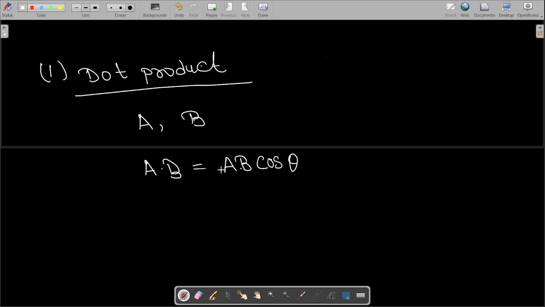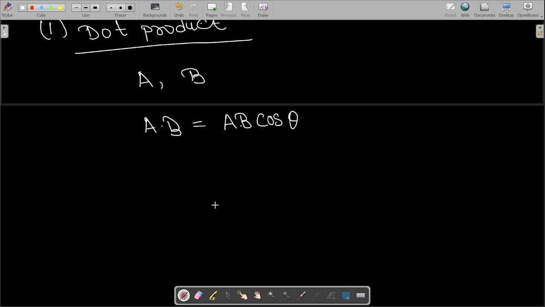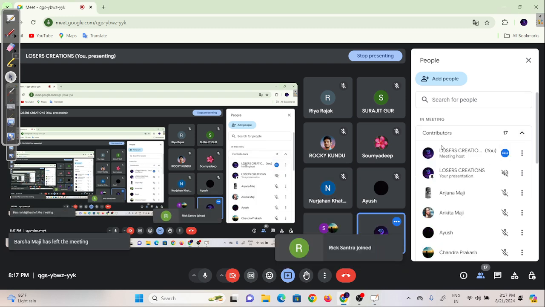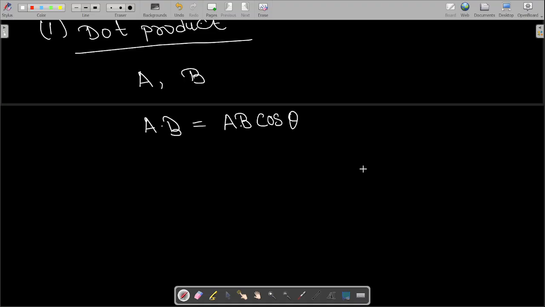Suppose I have two vectors a and b, then the dot product would be a dot b equals ab cos theta. And what is theta? Theta is the angle between the two vectors.